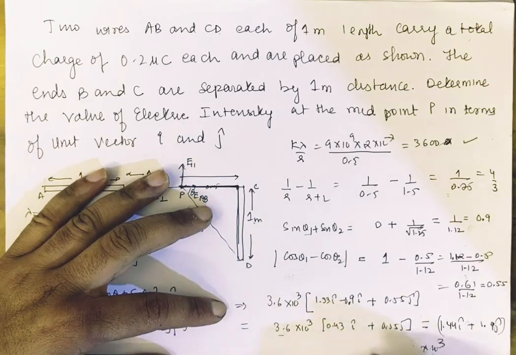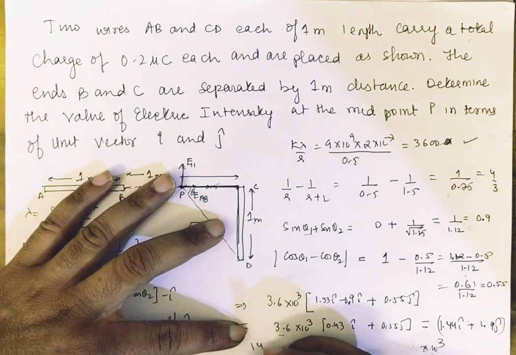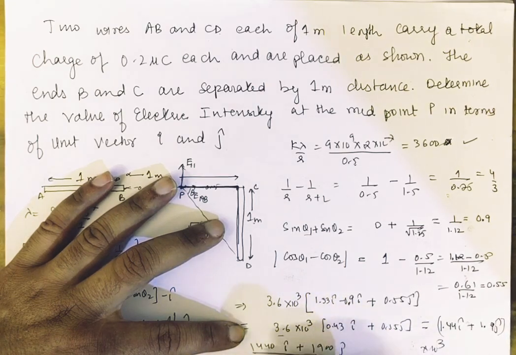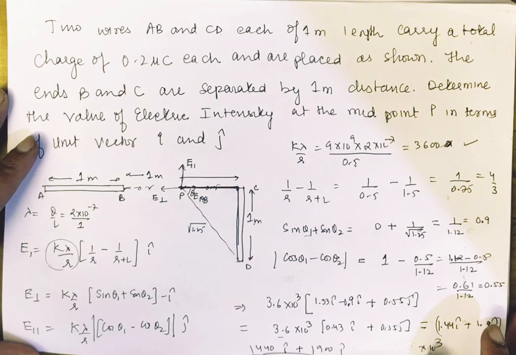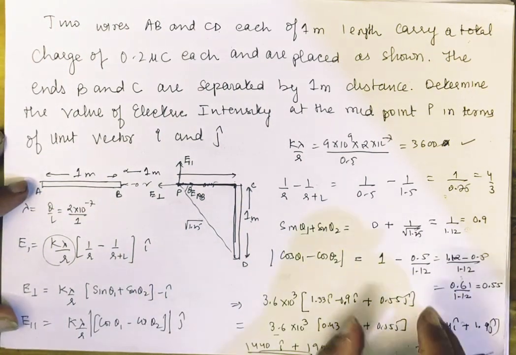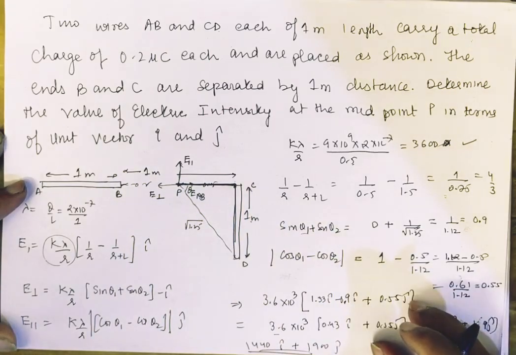So that is the answer to the question. I'm giving the answer as approximately 1440 i plus 1900 j, somewhere close to it. If there is some calculation error, please check it, because there are huge calculations here, but I think you have understood the method of solving such a question.